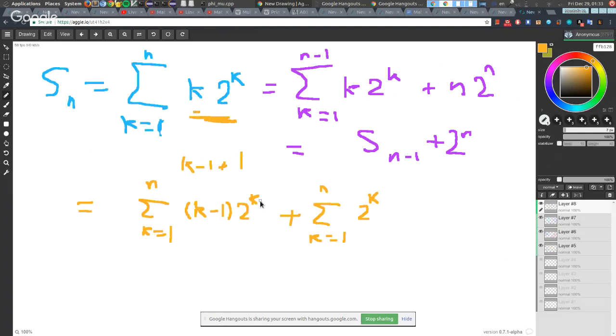And then here I will divide all of this summation by 2 and then multiply again. So basically I'm taking a 2 as a common factor. So here I have from k equal 1 until n, k minus 1 or 2 times 2 to the power k minus 1 plus the same summation.